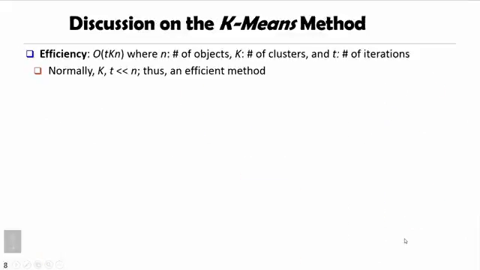The first important thing we should know is that this is a pretty efficient algorithm for clustering. Suppose we have n objects in total and we want to find k clusters, and suppose it becomes stable after t iterations. The computational complexity is that every time, for every object, you need to see which cluster it belongs to, so you assign it to the corresponding k centroids.